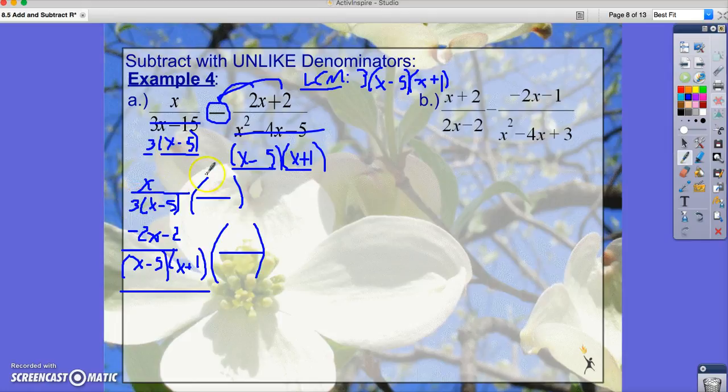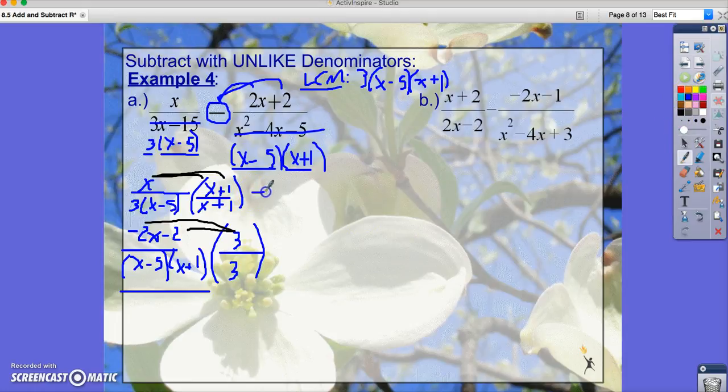So here I'm missing what, x plus 1? Here I'm just missing the 3, right? Don't forget, like, we distribute the x to both up top. Here we distribute the 3 to both. All right.